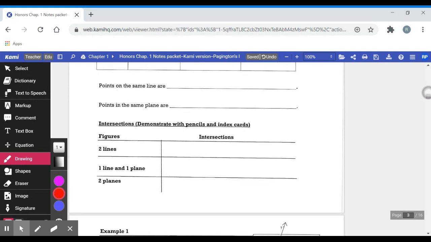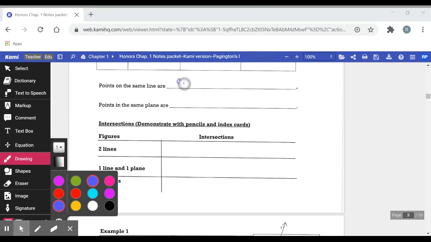Okay, so now a couple definitions. It says points that lie on the same line are, this is a word you may not have heard before, and it is called collinear points. Okay, and again, if you think about what word you see within the word collinear, you can see the word line, or some people see the word linear.